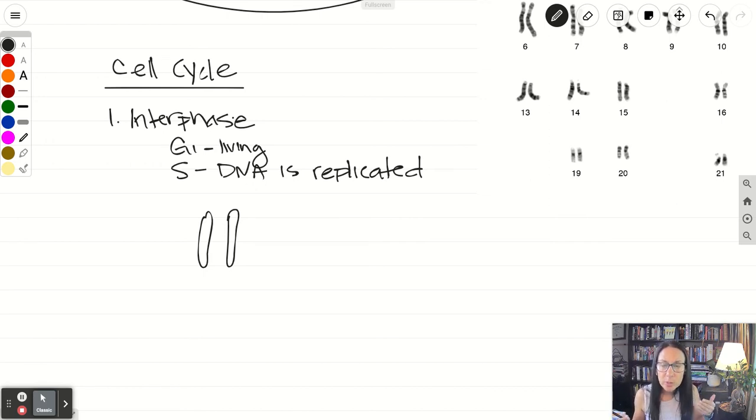Your mom's chromosome might have the brown eye gene, but your dad's chromosome might have the blue eye gene. But they still have the eye color gene. So all the genes are the same. It's just they might have different versions. However, during the S phase of interphase, these chromosomes will completely replicate. So we will make a whole copy of them. So after DNA replication, so this process here is DNA replication.